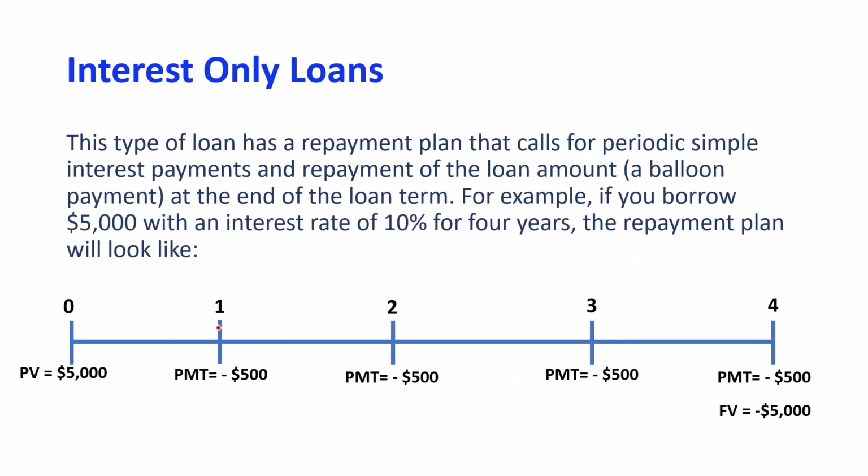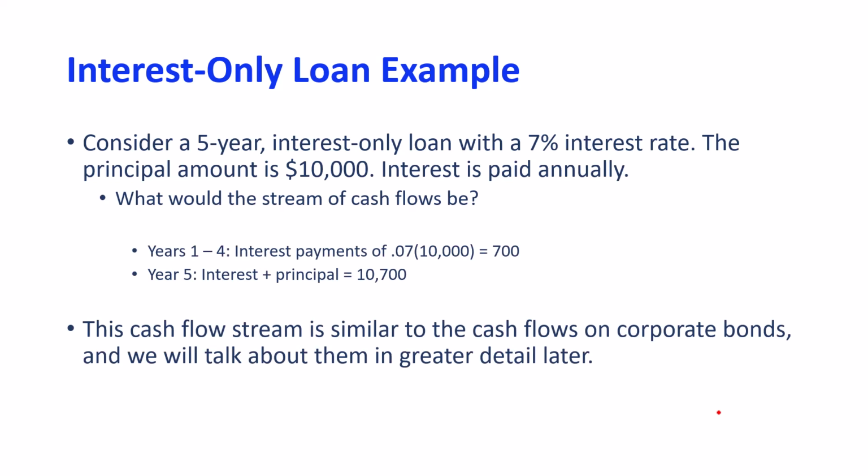The other type of loan is an interest-only loan. In this type of loan, the borrower pays only the interest every month or every year of the life of the loan, and then the borrower has to come up with a balloon payment or a lump sum for the principal amount of the loan at the last date, at the maturity of the loan. For example, consider a 5-year interest-only loan with a 7% interest rate and a principal amount of $10,000, interest paid annually.